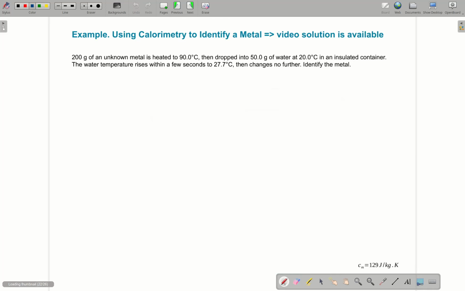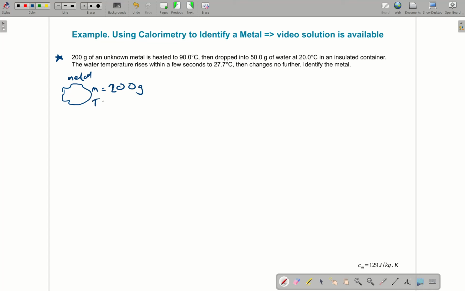All right. This question here involves that idea. I have a video solution for it. I'm going to suggest you solve it, then watch the video and understand it. So I have here an unknown metal. Mass is 200 grams.